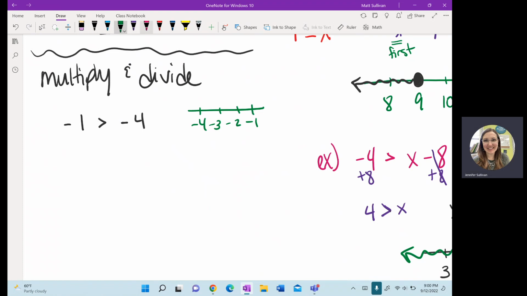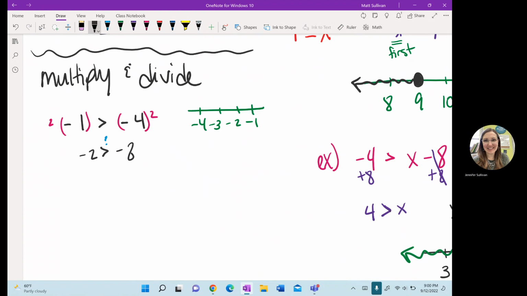If I were to multiply both sides by a 2, let's see if that keeps my inequality symbol correct. What is -1 times 2? -2. And -4 times 2 is -8. Is -2 greater than -8? Yes, that is true.